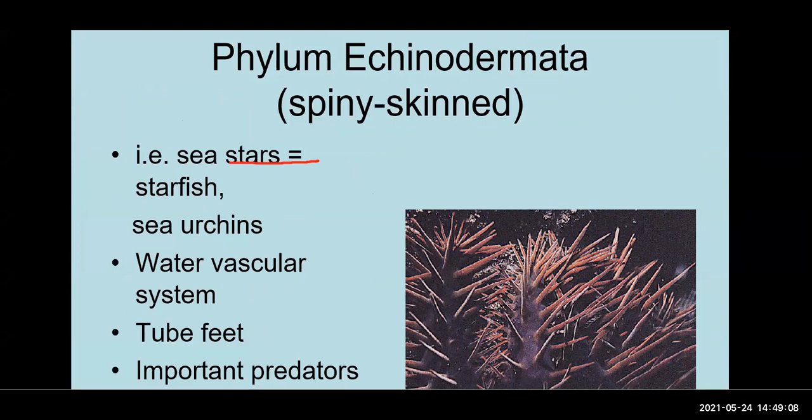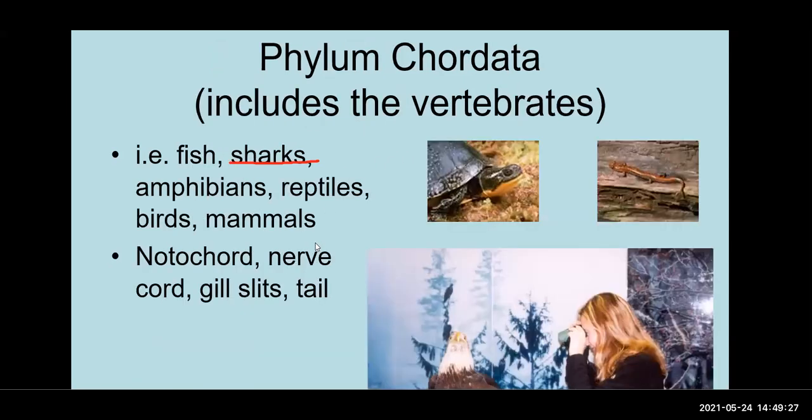They have also tube feet on the ventral side, and they can walk there just like the starfish. Their mouth is also on the ventral side. They're important predators. They have the water vascular system.